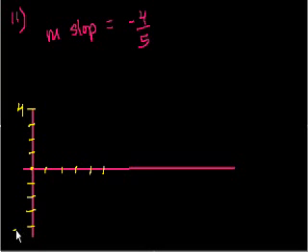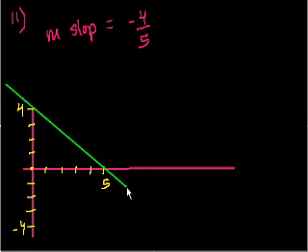So 4, minus 4, this is 5. So we know line M, for every 5 it goes to the right, it goes down 4. So this could be a legitimate line M right here. Line M could look like that.